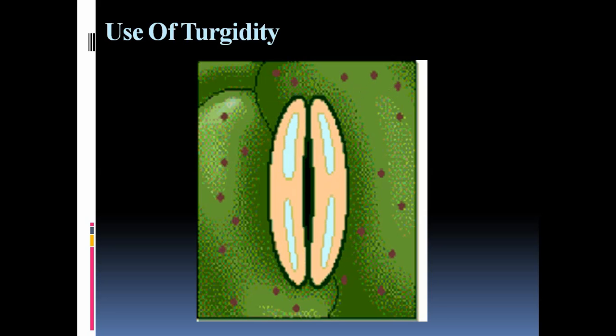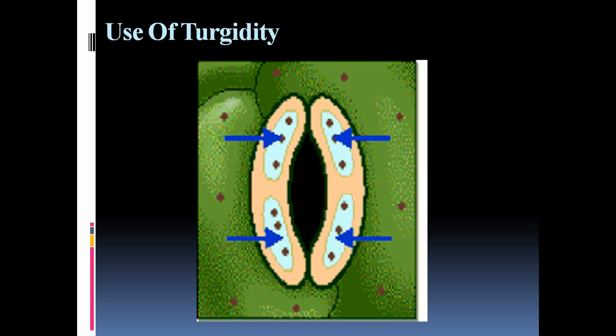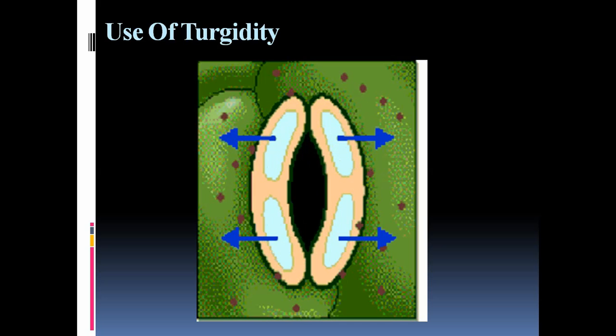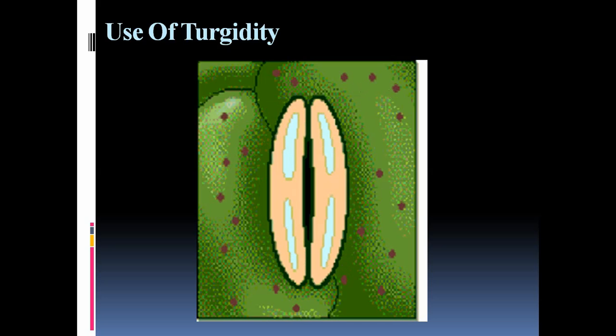Now the wall of the guard cells towards the stomatal opening, the inner wall, is thick and rigid, whereas the outer convex wall is thin and quite flexible. So during the daytime, when osmosis takes place due to photosynthesis and carbohydrate concentration rises, there is an inflow of water into the guard cells.